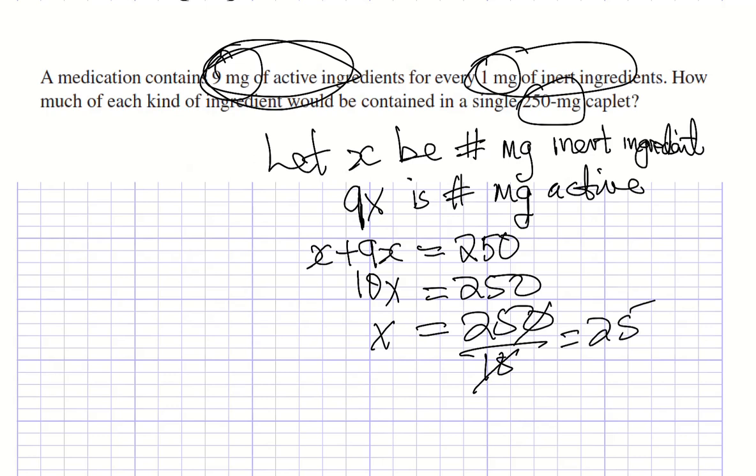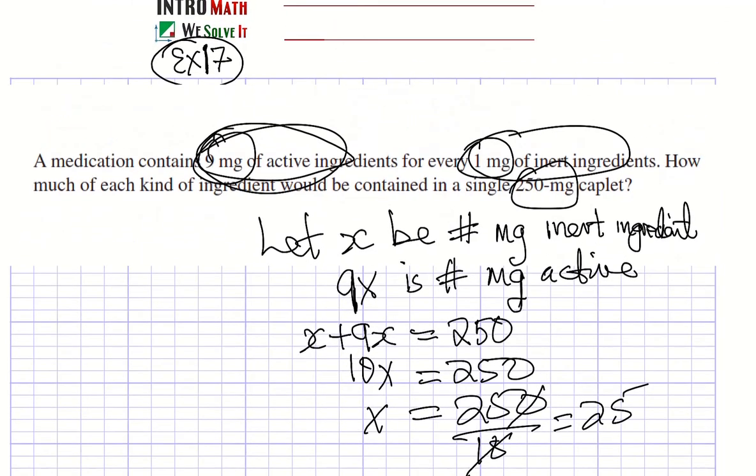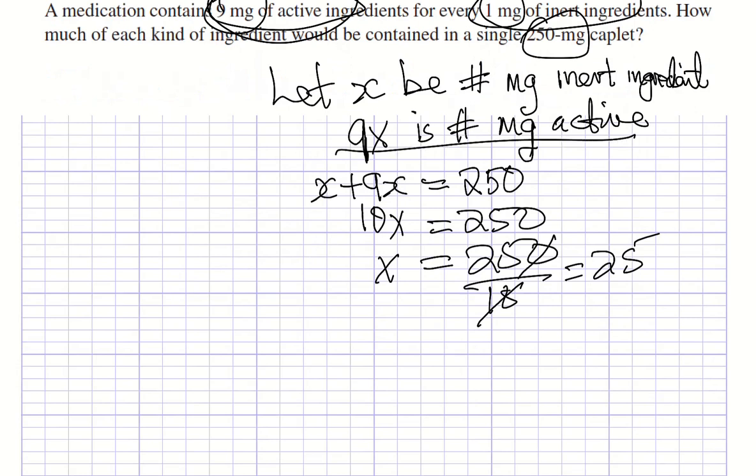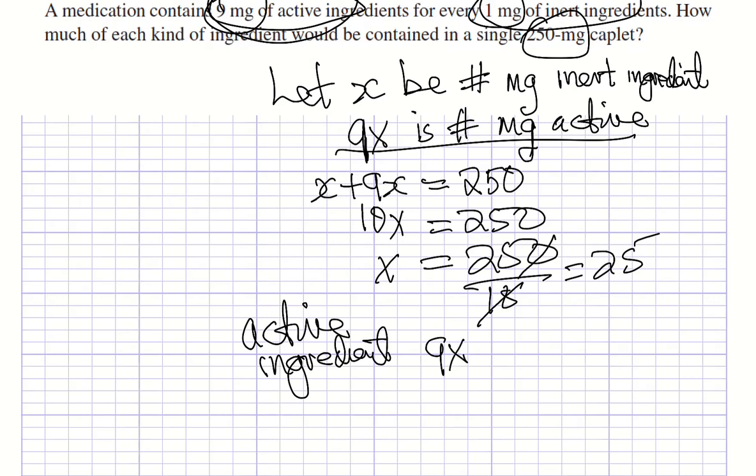So since the inactive ingredient is 25, the active ingredient should be 9x, which is 9 times 25, the same thing as 225.